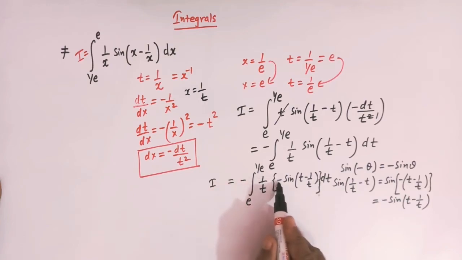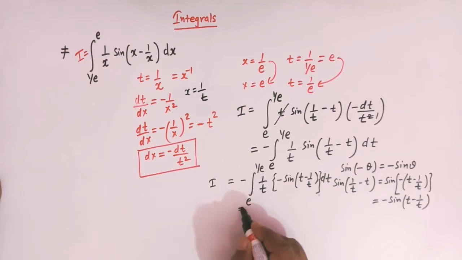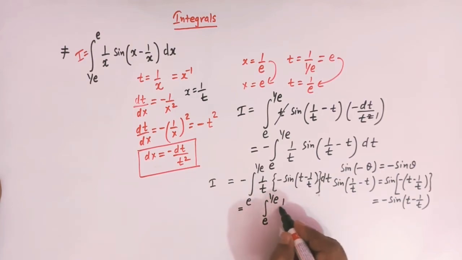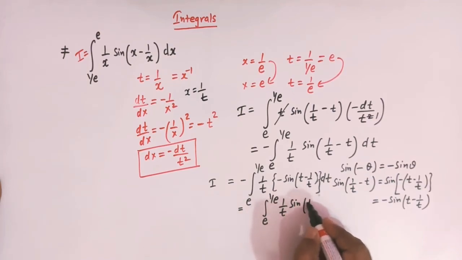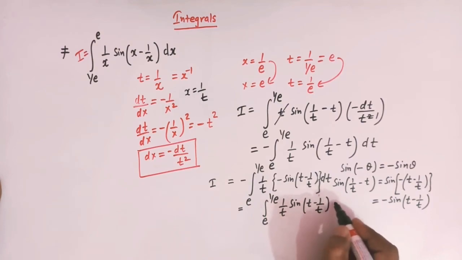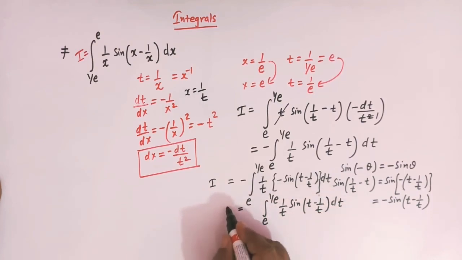This negative and this negative get multiplied and we get the positive sign. So we have the integral from e to 1 over e of 1 over t sine (t minus 1 over t) dt.